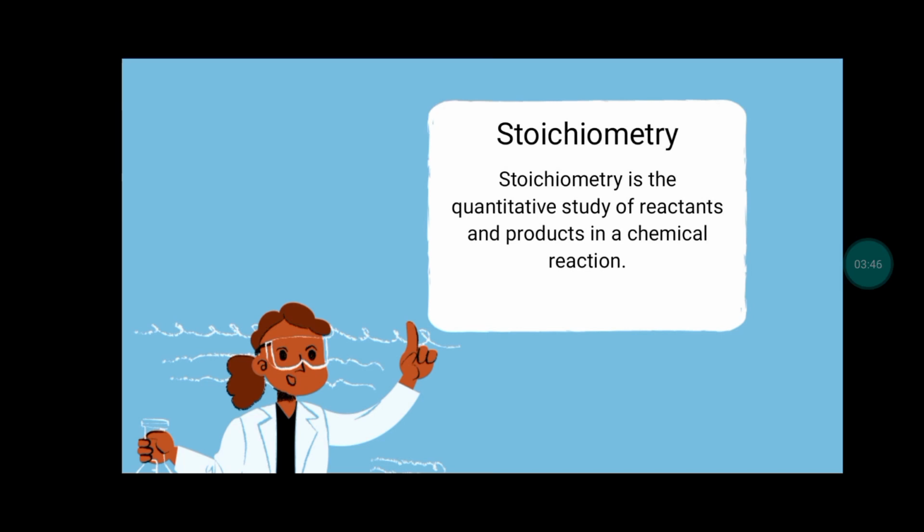This is the portion of chemistry that deals with the quantitative relationship between reactant and product. Meaning to say, we are able to predict or calculate the amount of product that we can produce given a certain amount of reactant.